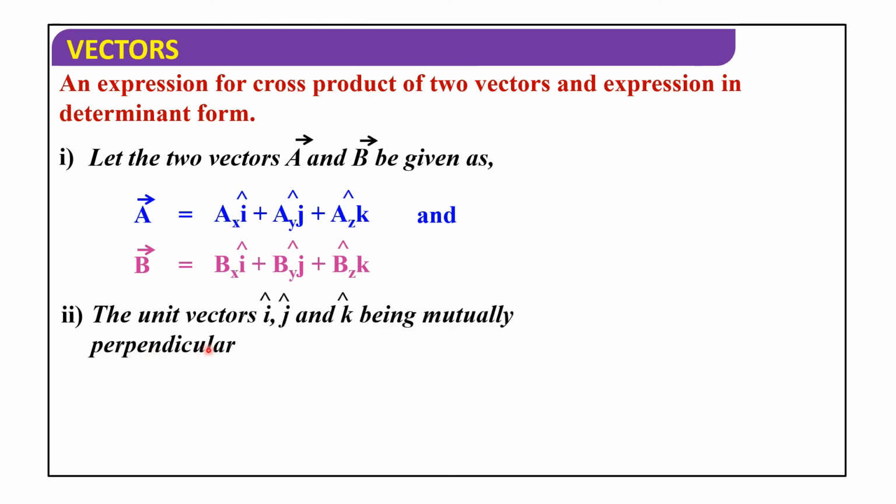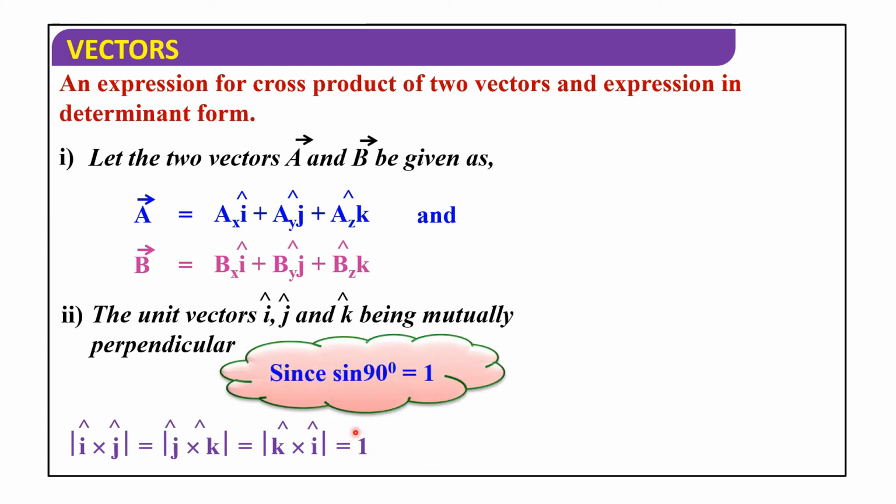The unit vectors I cap, J cap and K cap are mutually perpendicular. So the modulus of I cap cross J cap is equal to the modulus of J cap cross K cap, which is equal to the modulus of K cap cross I cap, which is equal to 1, since sin 90 is equal to 1.